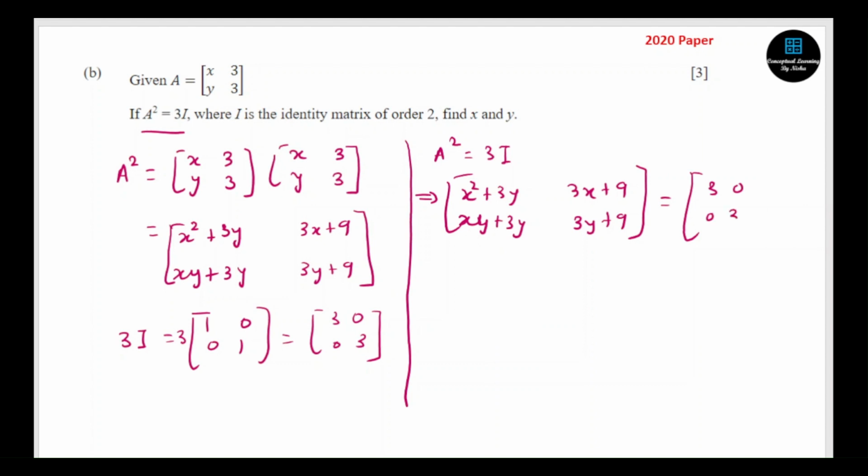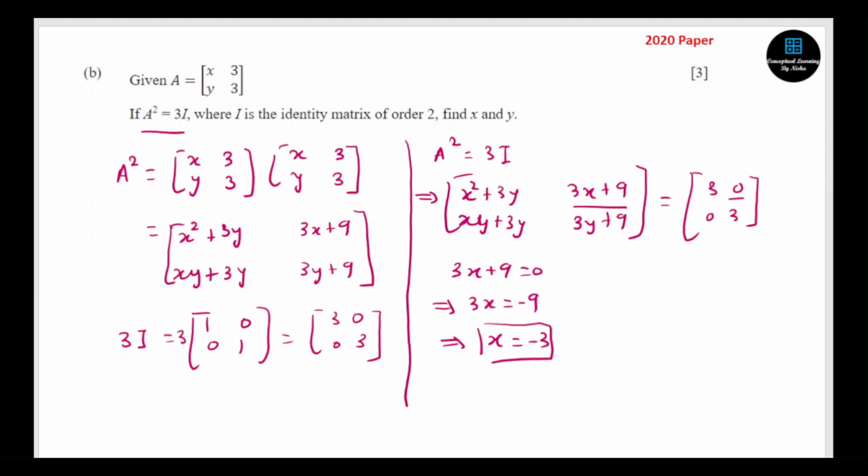0, 0, 3. Now when I solve this, I don't equate everything. I am interested in this. So if I just take this and this, I can equate with 0. So 3x plus 9 equals 0. This gives me 3x equals minus 9 and x equals minus 3. So I get the value of x.